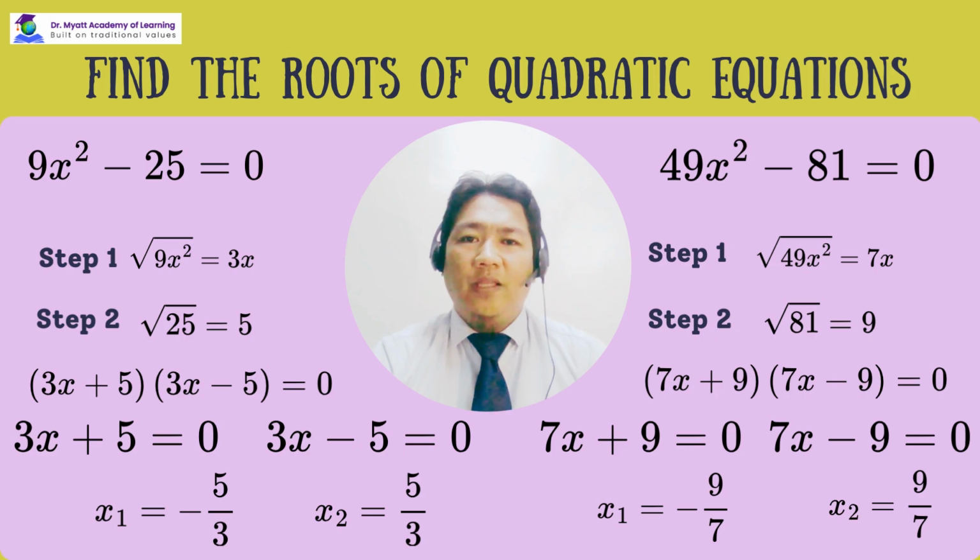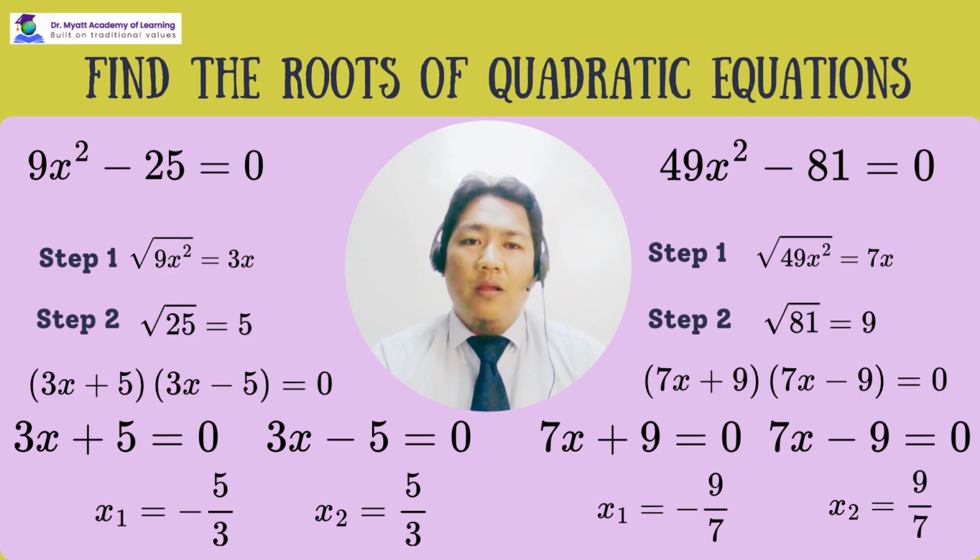Okay, let's try to find the roots of the given quadratic equations. Given number 1, 9x squared minus 25 is equal to 0. This quadratic equation is an example of a difference of two squares. To find the roots, first we need to find the square root of the first term, 9x squared, which is equal to 3x. Step number 2, find the square root of the last term, 25, and that is equal to 5.